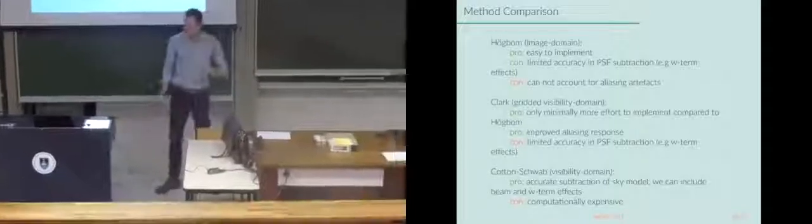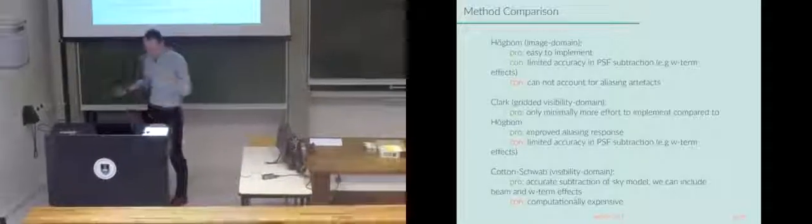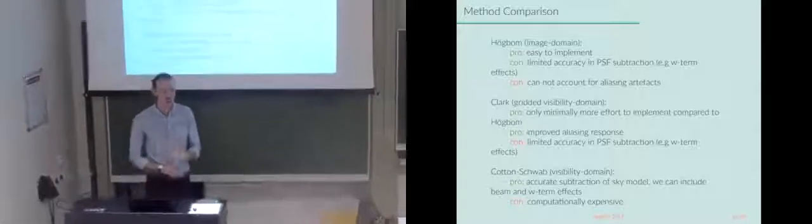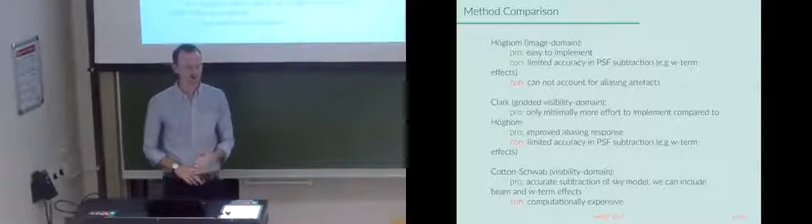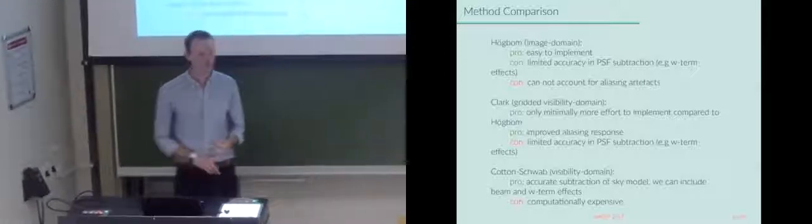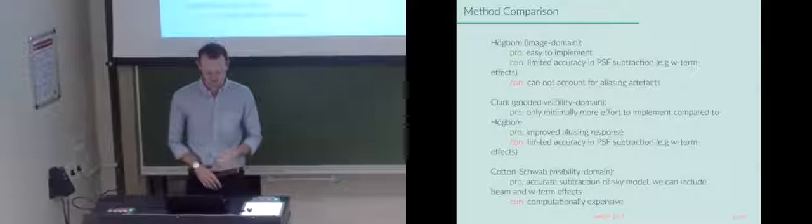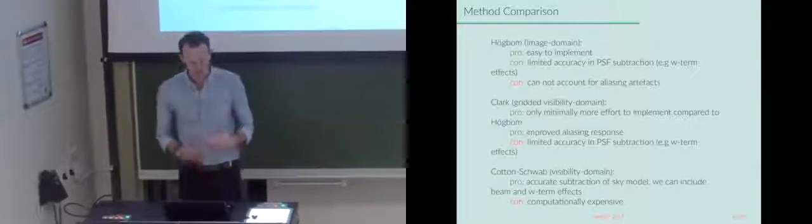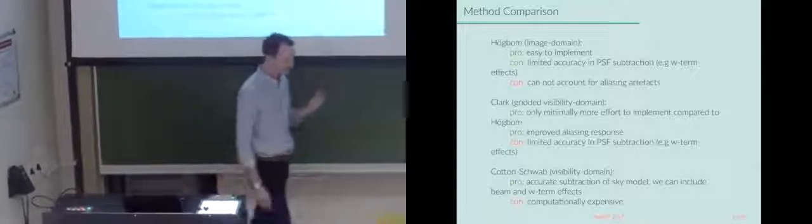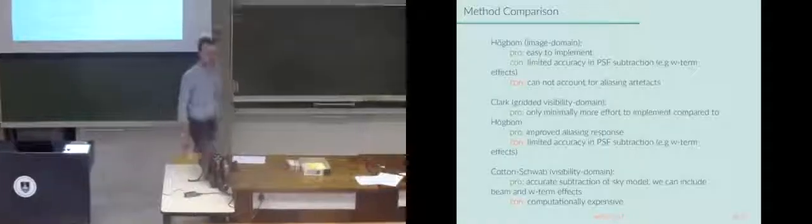Okay, so the methods. Let's compare them for a minute. Högbom, as I said, is very easy to implement. If you have a weekend, sit down for an afternoon, just write your own version. People typically do that. A downside is that because it's image domain deconvolution, you're not taking into account W term effects.